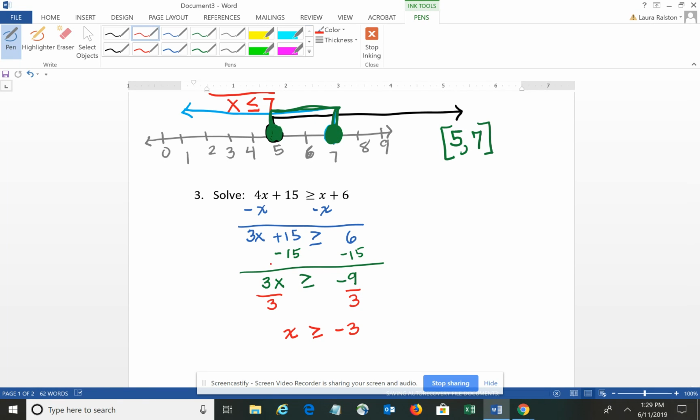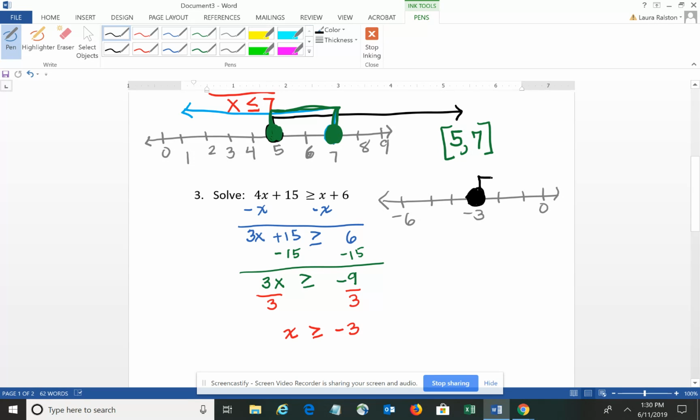So if I think about what that would look like on a number line, again, I notice at this point that it is equal to, so I know that I'm going to have a solid or a colored in dot at negative 3, and I want to be greater than that.